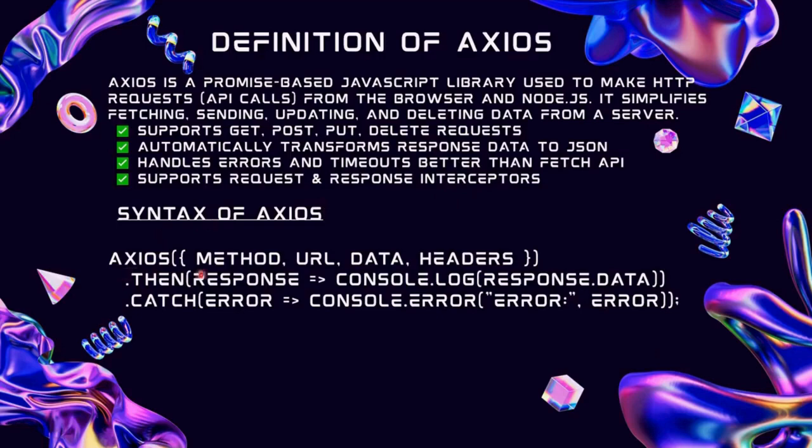Syntax is axios method, URL, data and headers. Then response, console log, response data will be displayed. Catch error, console log error will be displayed.